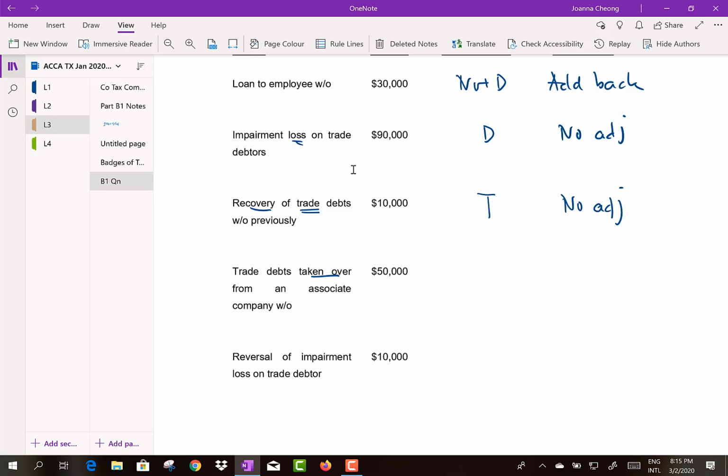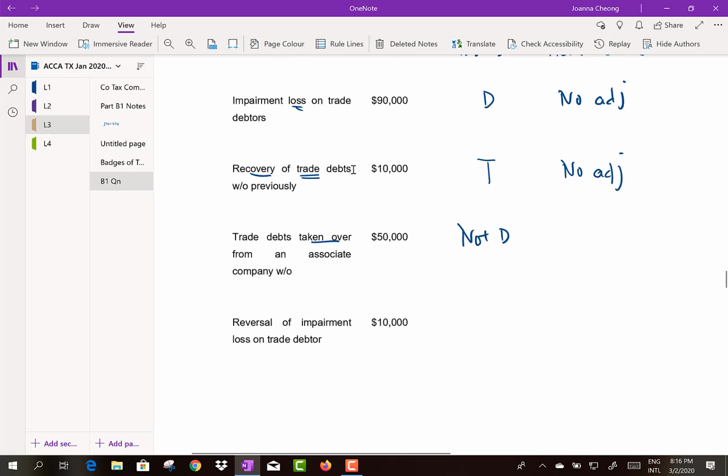Maybe you take over the other company, so you put in the debt. Then later on you write it off. Is it deductible? The answer is not deductible. It's a tax rule, so just remember for now. Okay? So it's not deductible. You add back. You just remember that it's because it's not your own debt. It is someone's debt. So if you write off on your own, it is not deductible. Alright, just remember this rule.